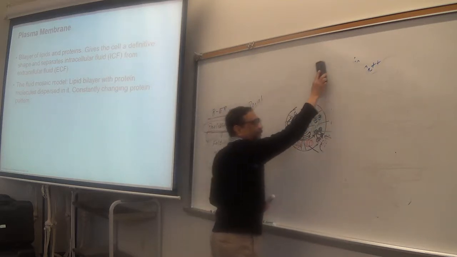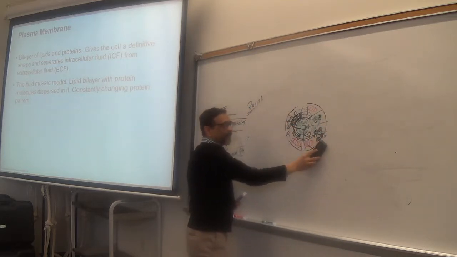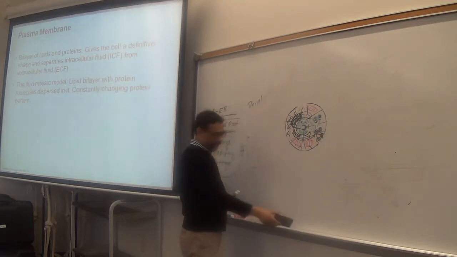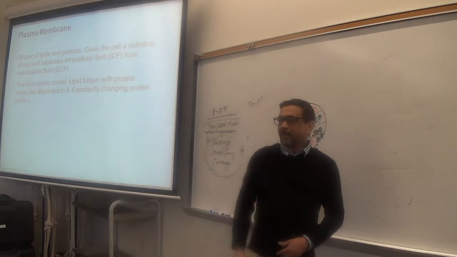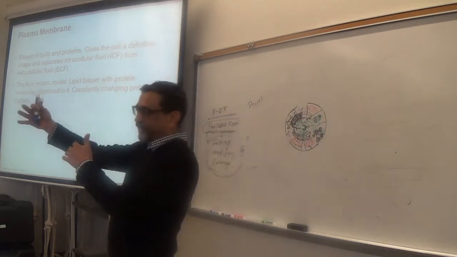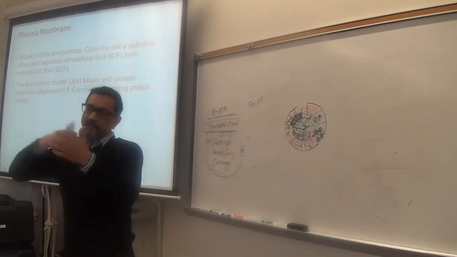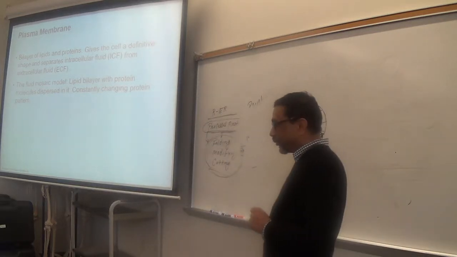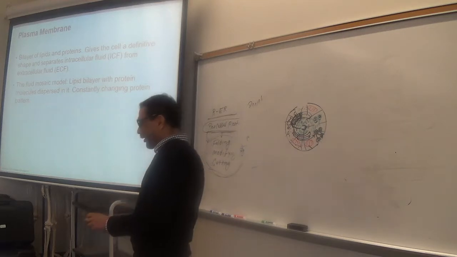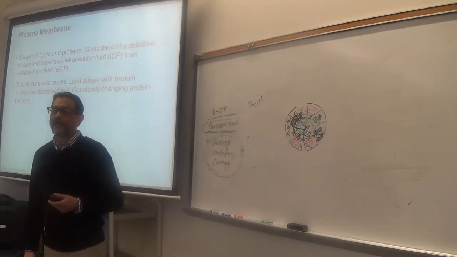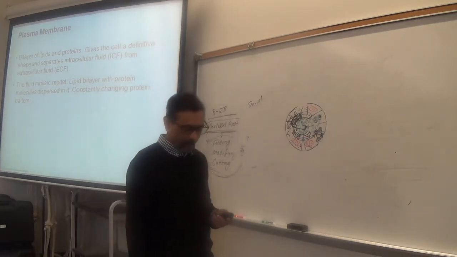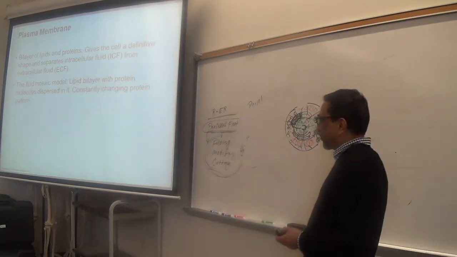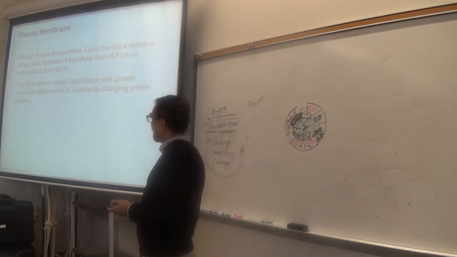So cell membrane gives the boundary, number one, maintains the shape of the cell and regulates the transport of the chemicals. So those are the important functions of the cell membrane, okay? Separate intracellular and extracellular fluids and regulate the transport across it.